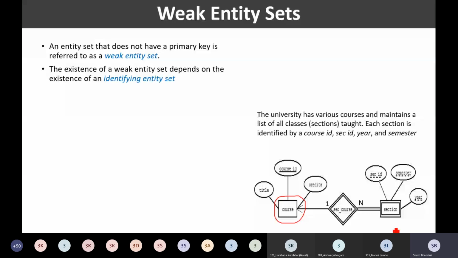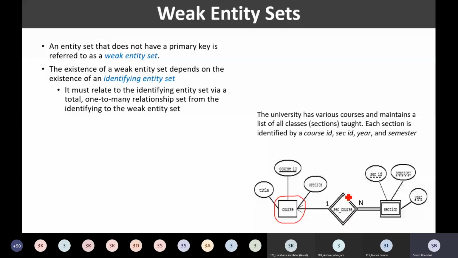Right? Now, the identifying entity set and the weak entity set must be related with some relationship. Okay? And as I stated, this relationship always is having the cardinality 1 to many. So this relationship set is always having the cardinality 1 to many from the identifying entity set to the weak entity set.